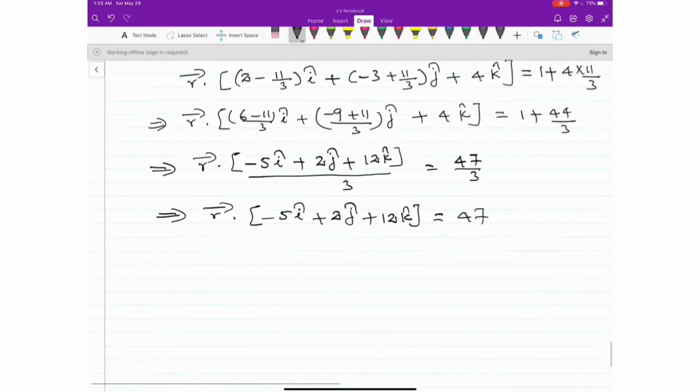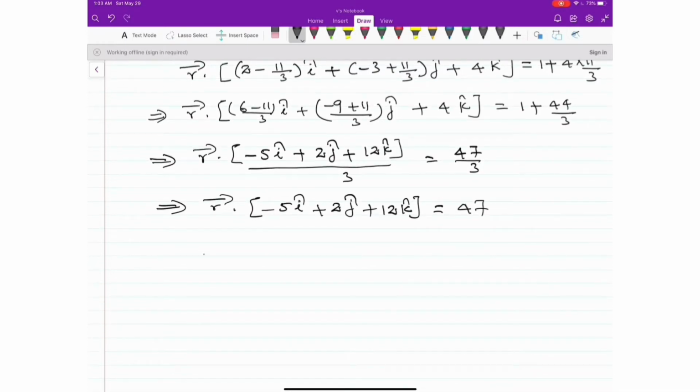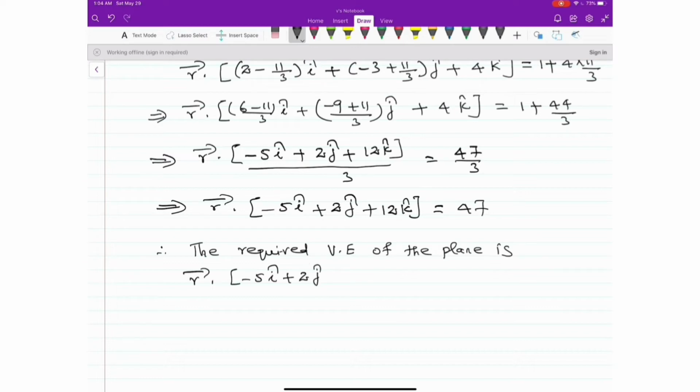So this is going to be the answer for the first part of the question. Therefore, the required vector equation of the plane is vector r dot (minus 5 i cap plus 2 j cap plus 12 k cap) is equal to 47. So, we have found out the answer for the first part of the question.